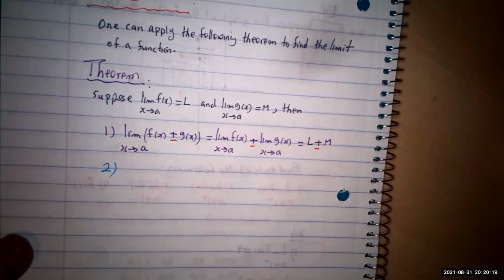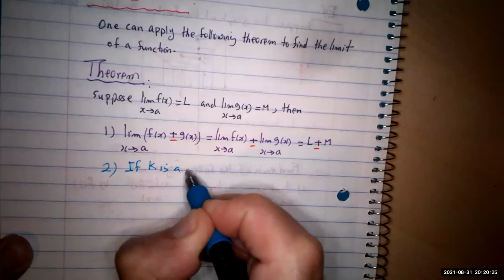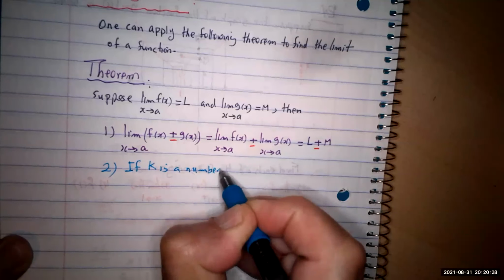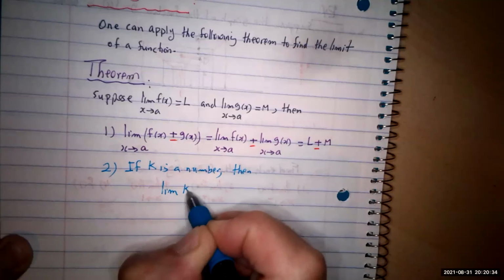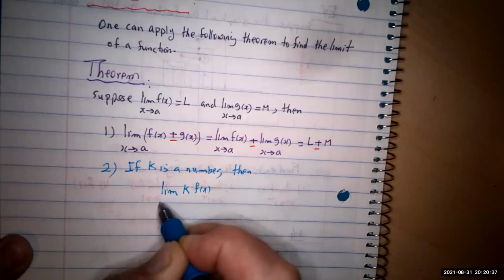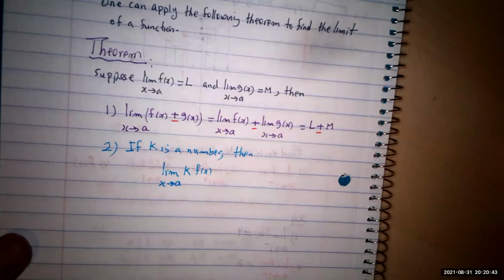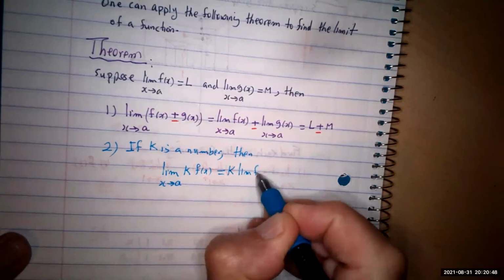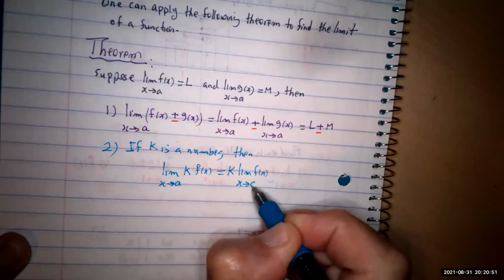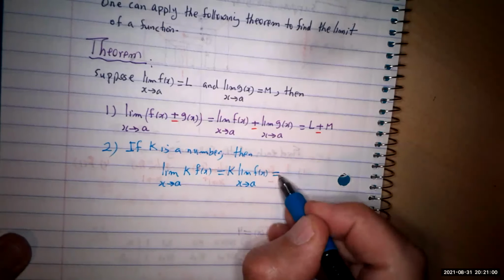You see, it commutes. So if k is a number, 2, 3, 4, 5, 6, then the limit of k times f of x when x goes to a is going to be the same as k times the limit of f of x as x goes to a. The limit of k times the function is k times its limit, which is equal to k times L.